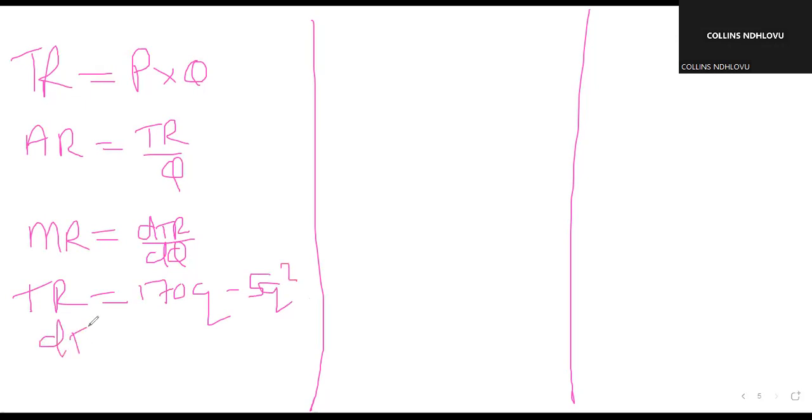The TR over the Q. What do we get? 170Q becomes what? 170, correct. 5Q squared becomes what? 10Q. We're not memorizing the answers because this calculus part is very important. Look, I just want the derivatives of these figures here.